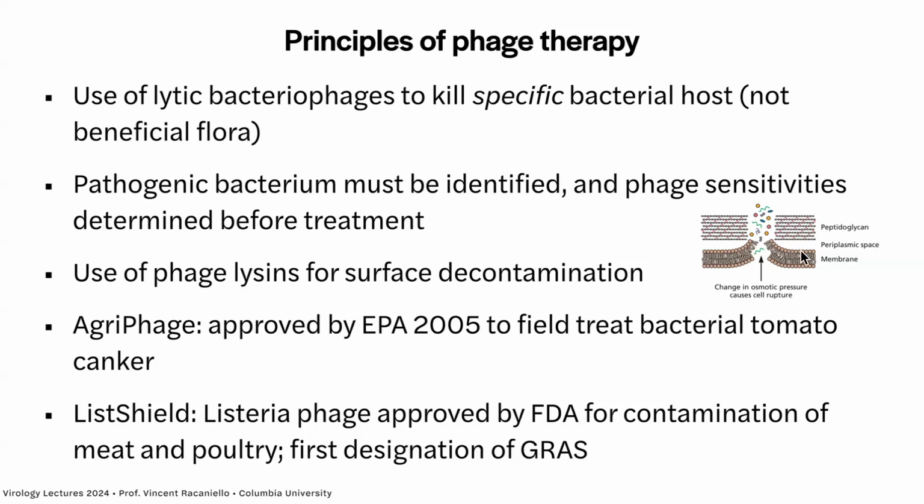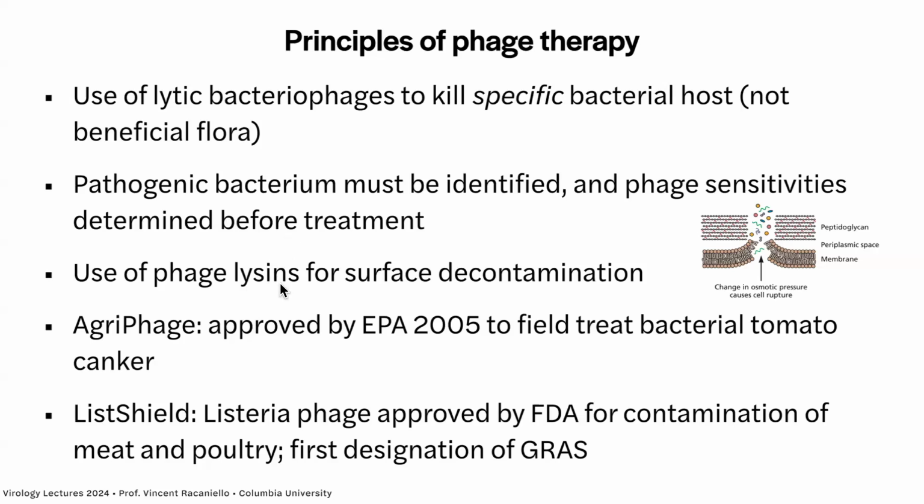And so let's say if someone has an infection, you have to identify, of course, what the bacterium is that's causing the infection. You have to make sure you have a phage that can kill that bacterium before the treatment. So this is not easy. It's not straightforward. You have to almost design the phage for every patient, although this is starting to be done, and it looks like it might be possible.